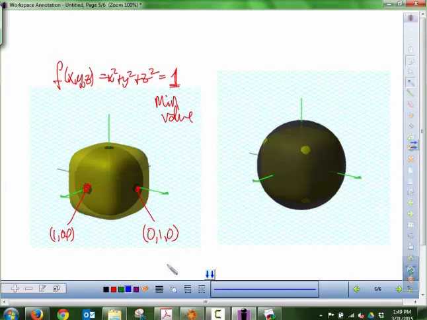And on the other graph, we have these points in the corners. So this is our point, the fourth root, right? 3 to the negative 1/4, 3 to the negative 1/4, 3 to the negative 1/4. And then you can find all the other combinations of positive and negatives of those points.